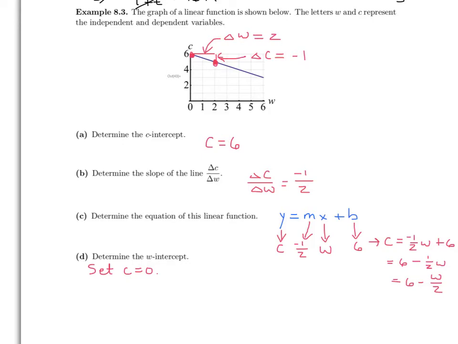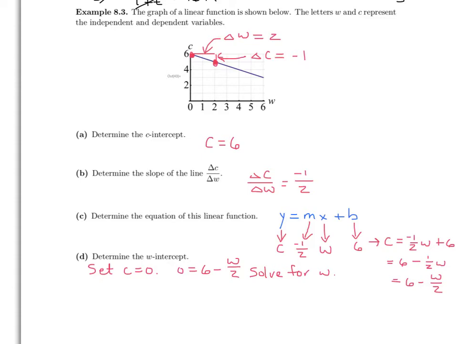So you set the other variable, c in this case, equal to 0. So if we go back to our equation and we set c to 0, we get 0 equals 6 minus w over 2, and we need to solve for w. One thing we can do to solve this equation for w is eliminate the fractions that are involved in this equation.